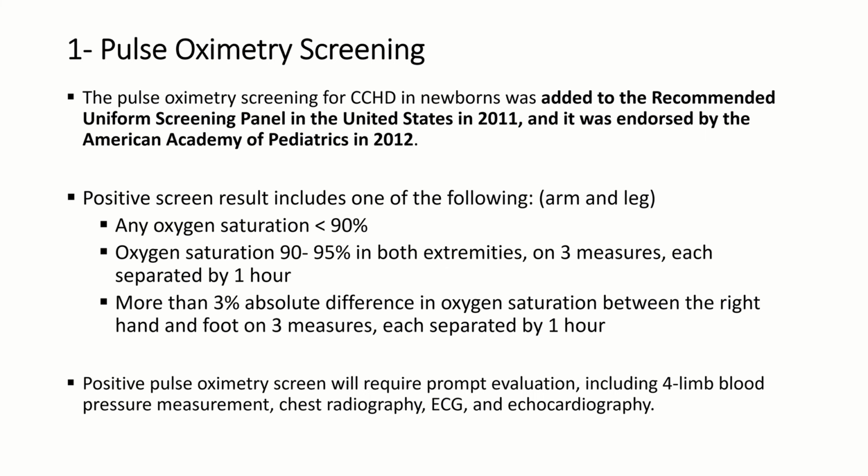You consider the pulse oximeter screening positive in the following conditions. Usually we measure it in one arm and one leg. If you find any oxygen saturation below 90%, or when the oxygen saturation is between 90 and 95% in both arms in 3 measurements separated by 1 hour, or when we have more than 3% absolute difference in oxygen saturation between the upper limb and lower limb, also in 3 measurements separated by 1 hour.